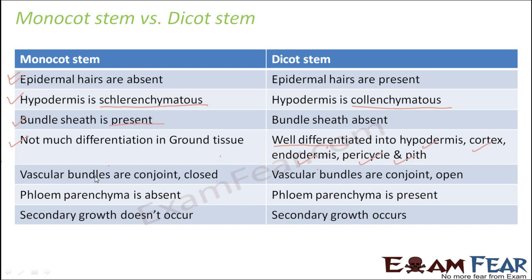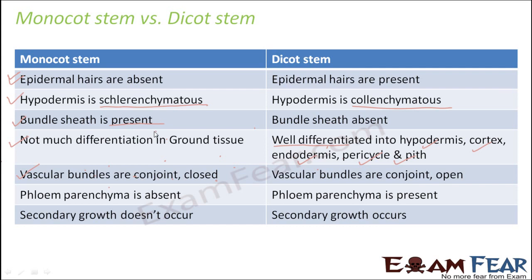In the monocot stem, the vascular bundles are conjoint and closed. They are conjoint in both monocot and dicot stems, but here it is closed because there is no cambium present, whereas in the dicot stem it is open because vascular cambium is present.